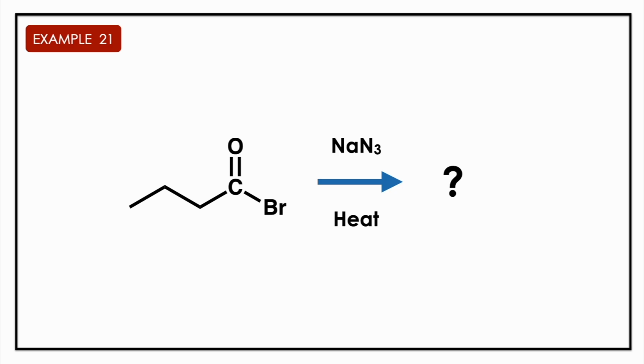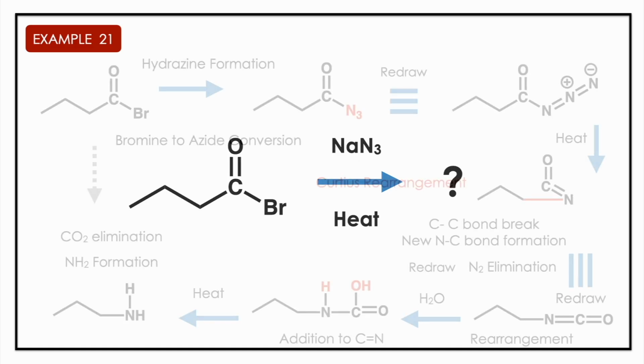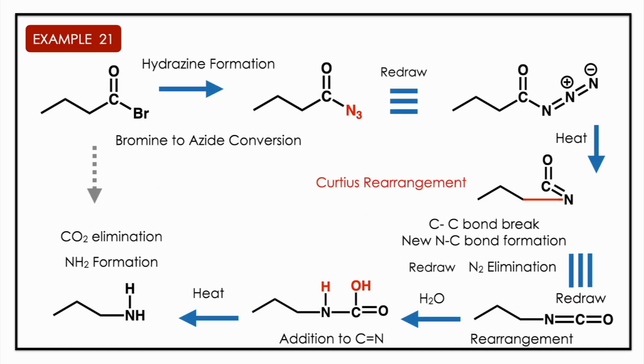Then the next reaction. Here you have acid bromide with a side alkyl group which is propane. You are using sodium azide and heating it up. You should find what will be the final product. Here bromine is there. You are using sodium azide, meaning it's a functional group conversion.